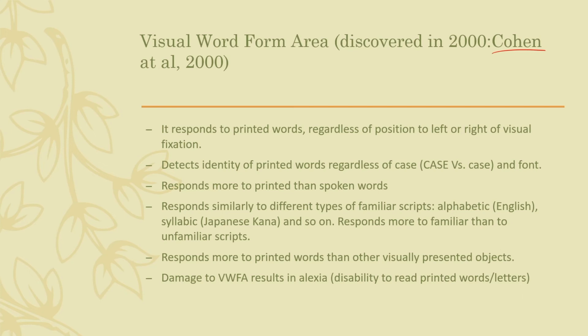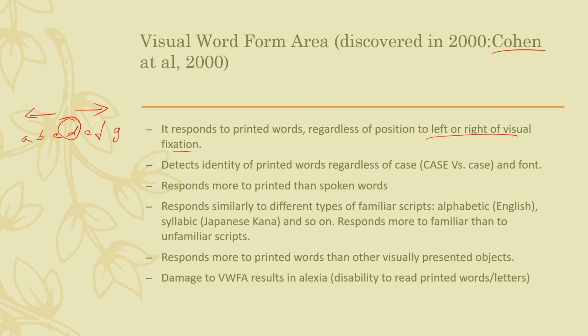It responds regardless of position to left or right of visual fixation. So, let us say when we are reading something like this, the moment I am looking at D, this is the foveal area, that is the fixation area where my eyes are looking right now. These are parafoveal, the peripheral area where the eyes also see.